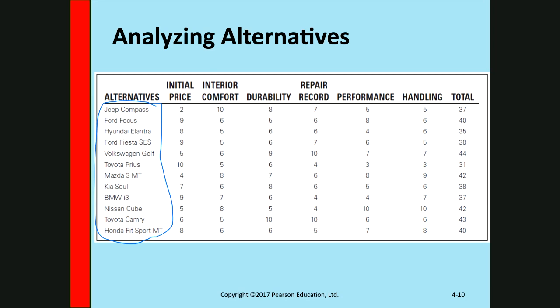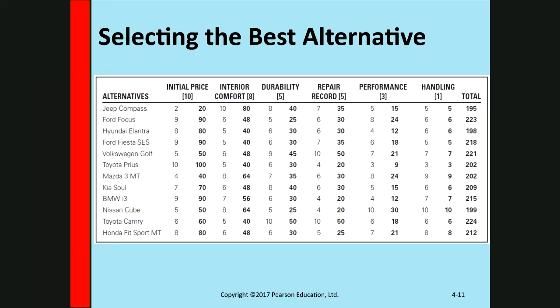Can see? Let's say the initial price, Ford Focus, the interior comfort, and you have 37. This is just analyzing alternatives. Don't worry if you are a bit confused here, because the next slide will explain a bit further.